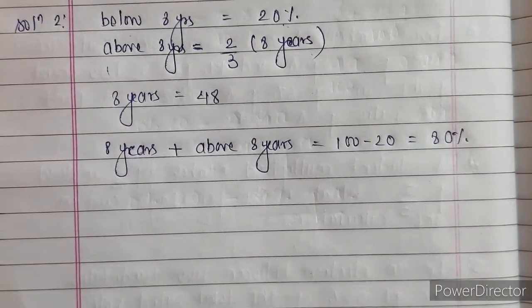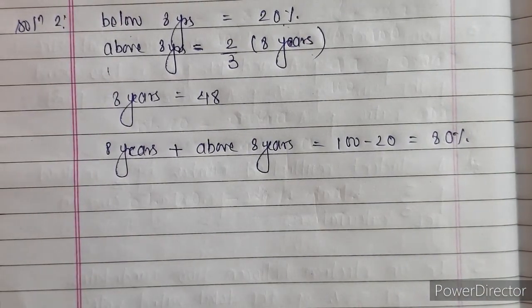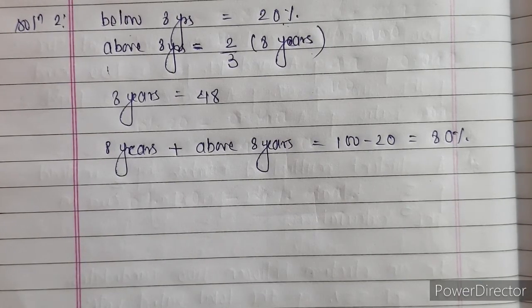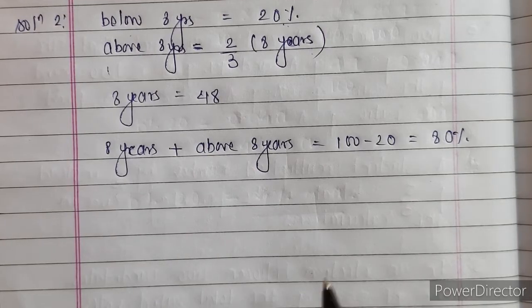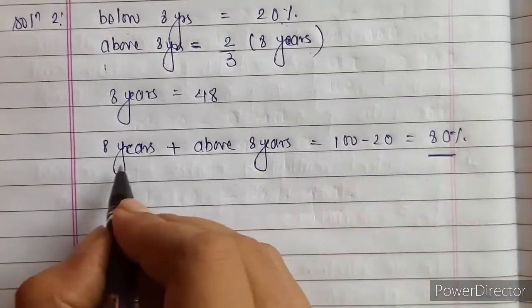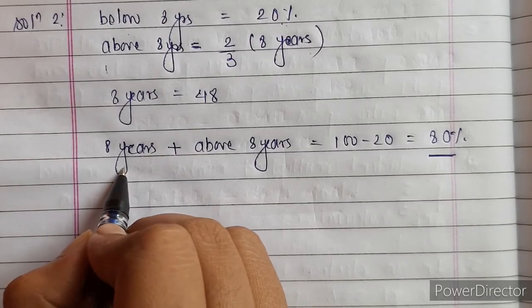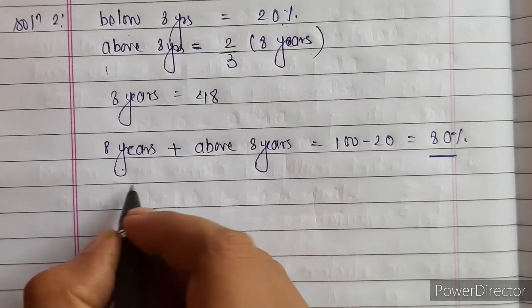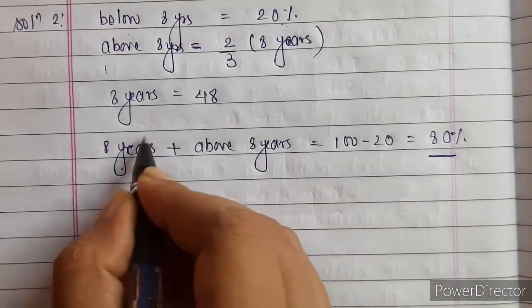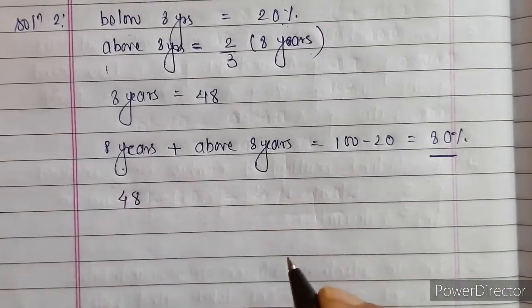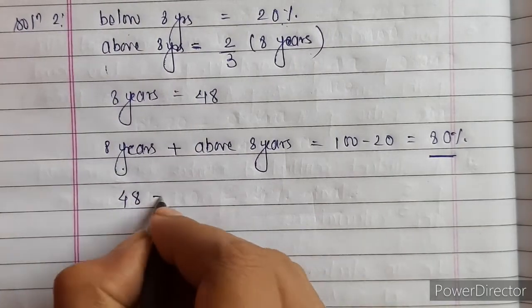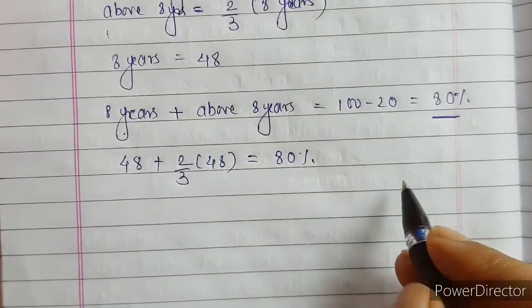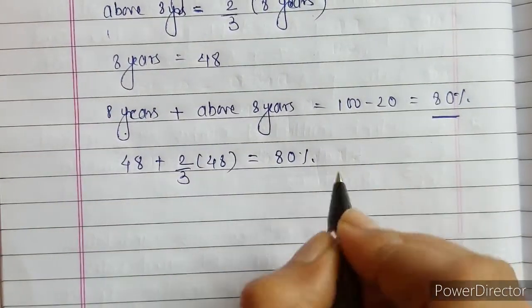If 20% of students are below 8 years, then the remaining 80% are going to be either of 8 years of age or above 8 years of age. Now how many do we have of 8 years? There are a total of 48 students of 8 years old, and 2/3 of these 48 are above 8 years. So this is 80% of the total number of students.